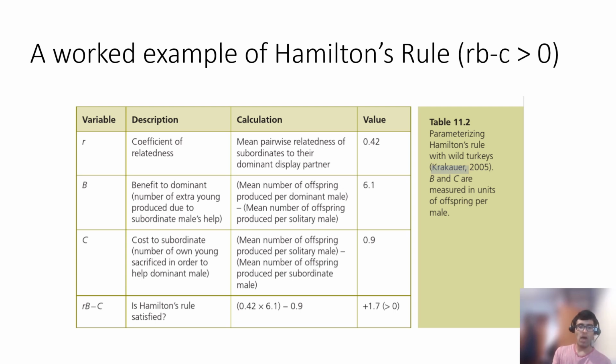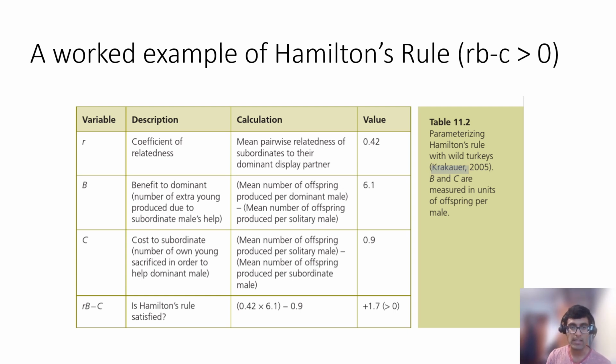And here's how Hamilton's rule might look. Firstly, R, the coefficient of relatedness between the 2 males, is 0.42, as we saw on the previous slide. Now, the benefit to the dominant of producing extra young is 6.1.